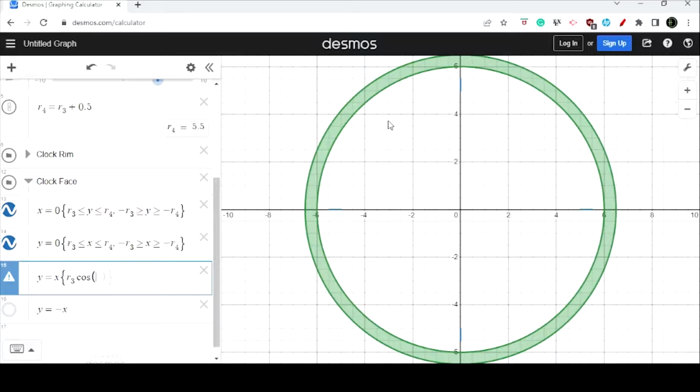If we make half a revolution, that's pi. A quarter revolution is pi over 2, which means this 45 degree angle must be pi over 4. So r3 times cosine of pi over 4. Do the same thing, r4 times cosine of pi over 4.